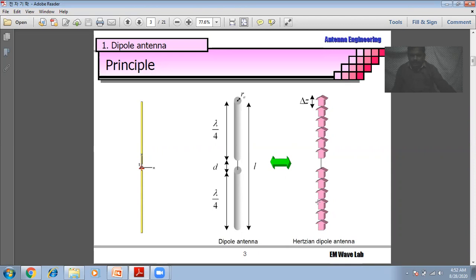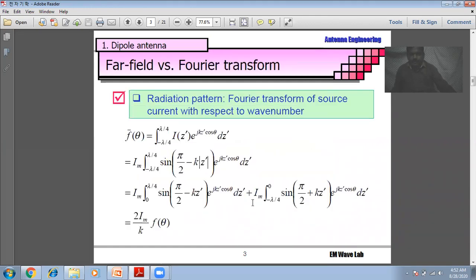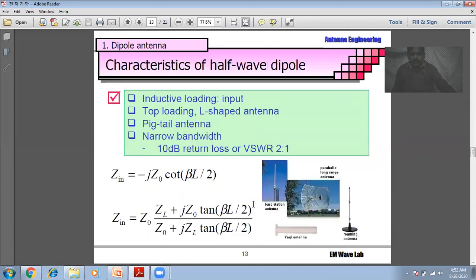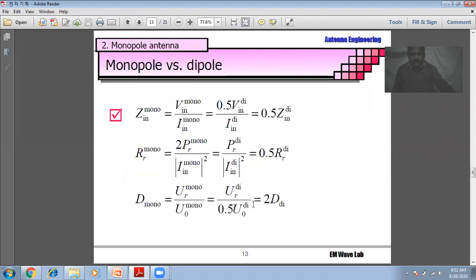These are finite length elements, and when connected end to end, they form this entire antenna. All these expressions will come in the coming units.